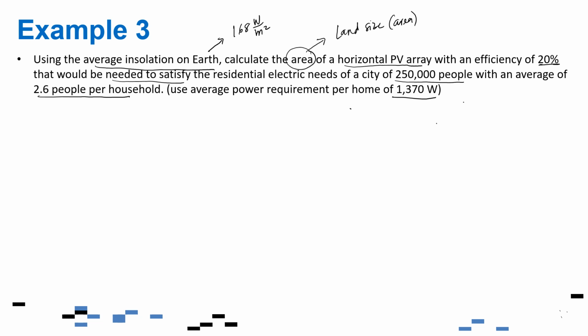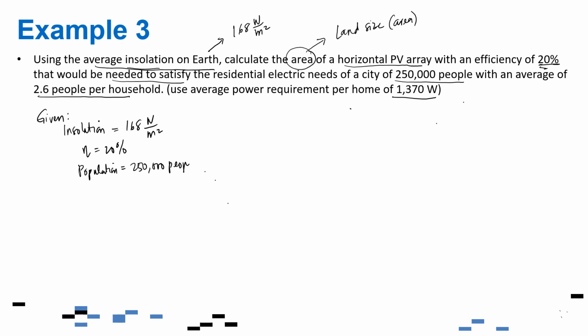So let's first list down all the givens here so we will know exactly the different values. The average insolation is given already. We can assume 168 watts per square meter, and then there's an efficiency of 20% given here, and also we have the population equal to 250,000 people.